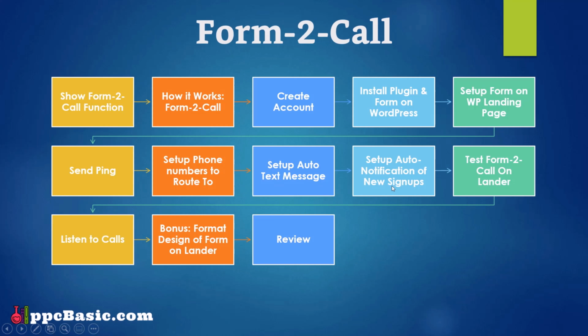We set up our phone numbers to the appropriate routing conditions, and then we created our basic auto text message that is sent after 5 minutes. We learned how to set up automated notifications just in case we want emails on the data of our phone calls. Then once again, we tested our Form-to-Call to make sure that it was correct. I showed you how to listen to the phone call itself. And then as a bonus, I showed you how to do the formatting for your Contact Form 7.